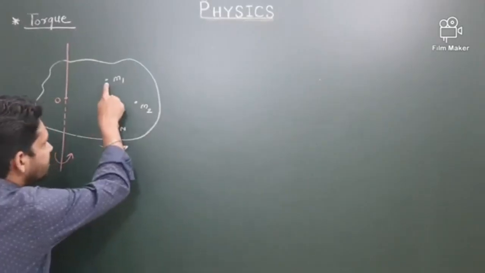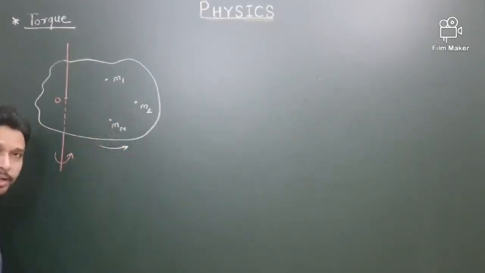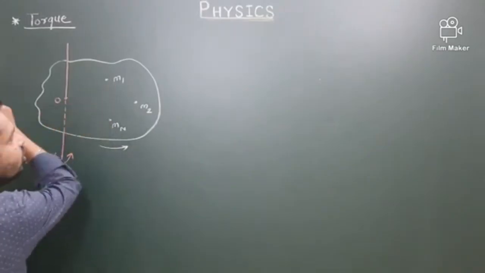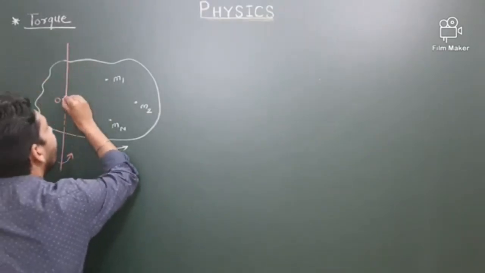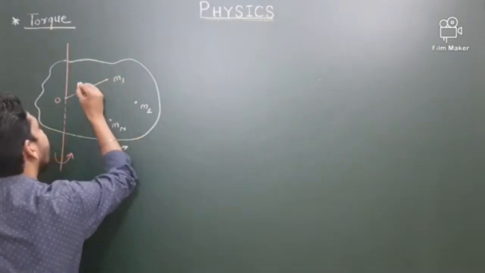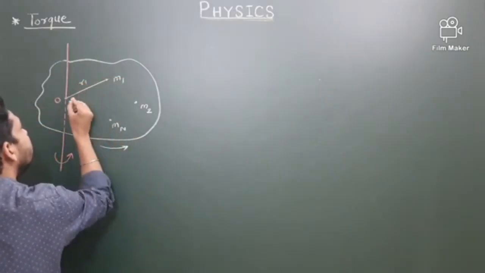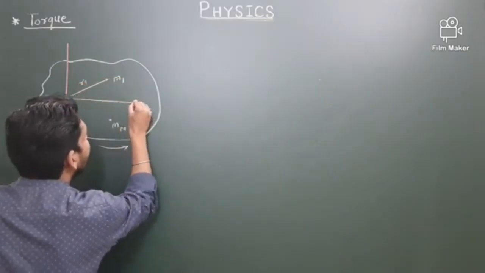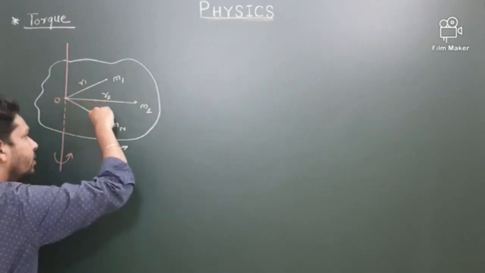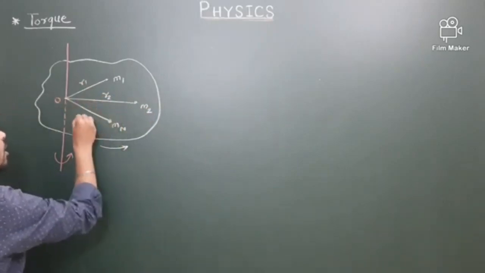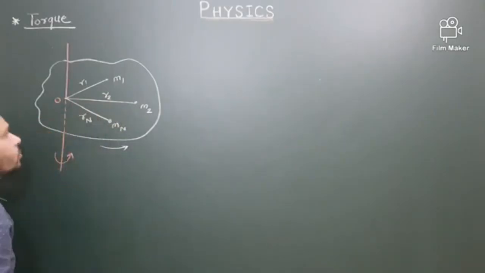The perpendicular distances from the axis of rotation are r1, r2, up to rn.